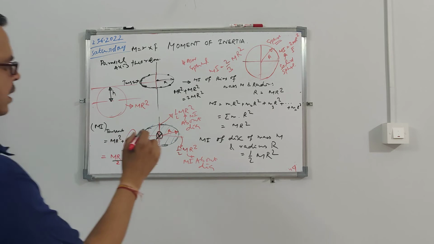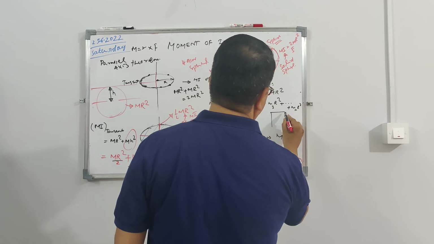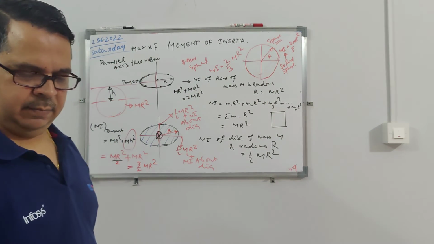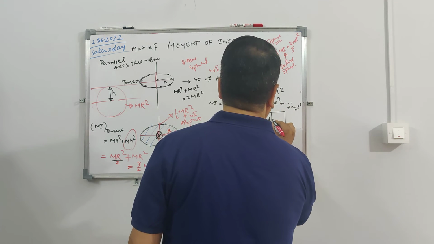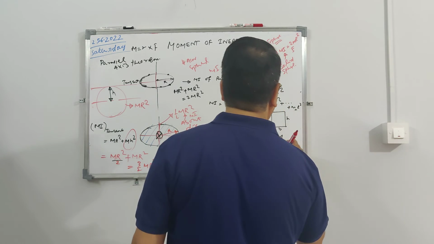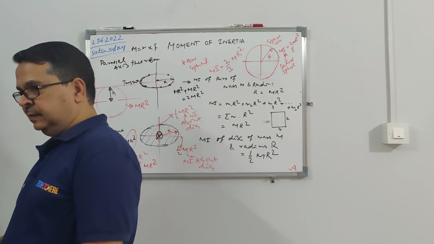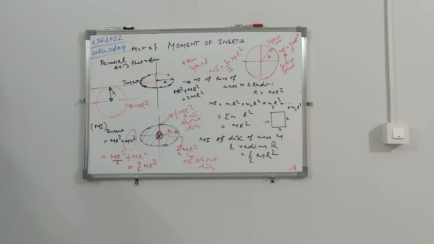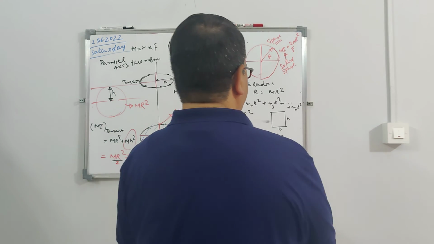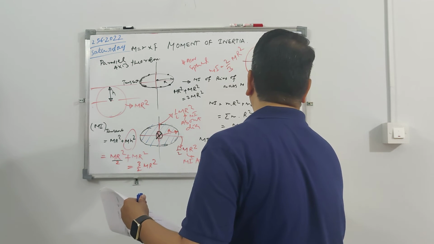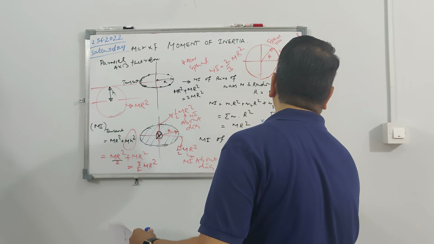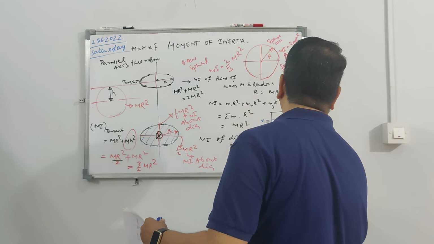So basically, the parallel axis theorem says, let us say this is my rectangle, with this side B and this side H. The moment of inertia about this axis, let us say XX, is Ixx equal to BH cube by 12.